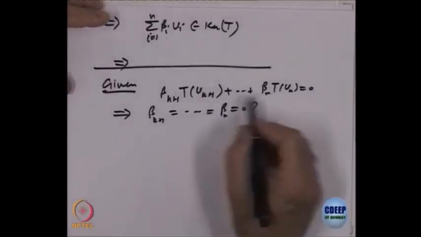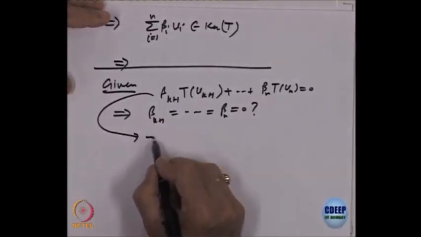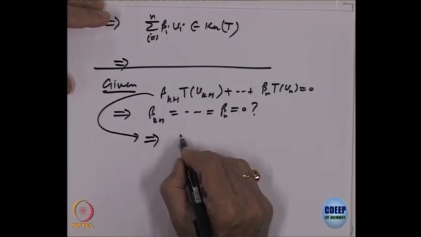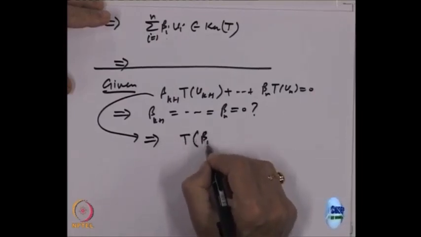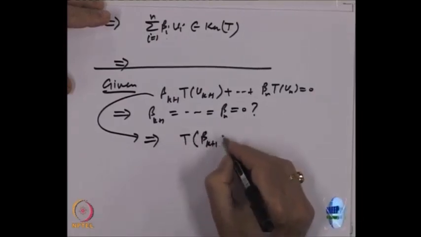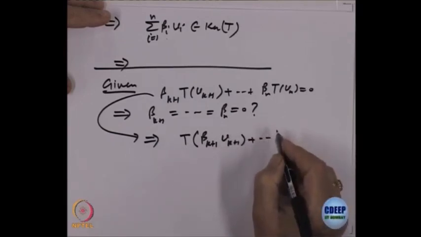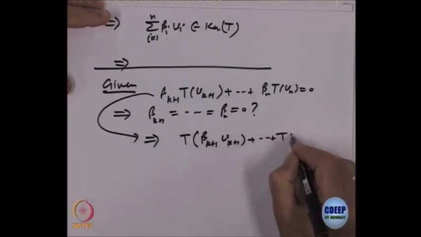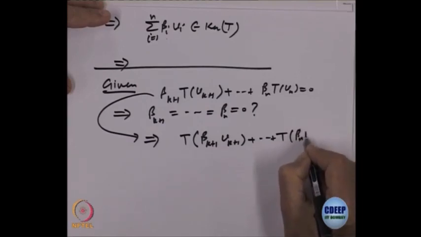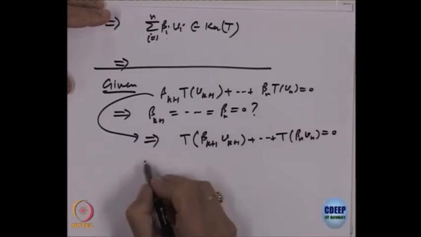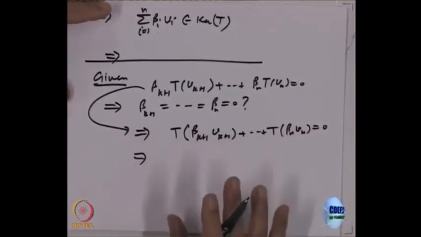So, this one implies that T of beta_{k+1} v_{k+1} plus ... plus T of beta_n v_n equal to 0, right. Linearity.